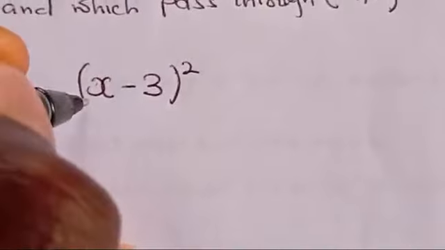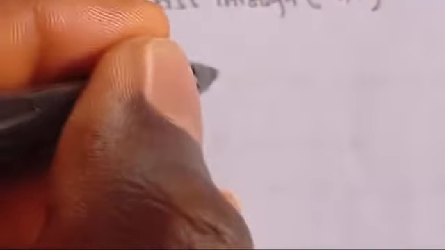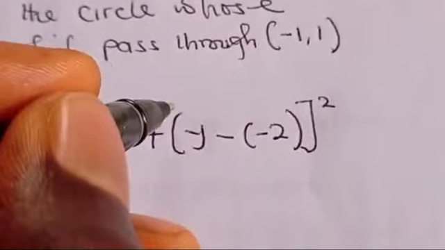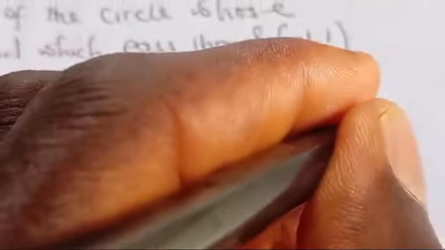For us to find the equation of the circle now, we have x minus 3 squared plus y minus -2 all squared, and that's equal to our radius, which is 5 squared.